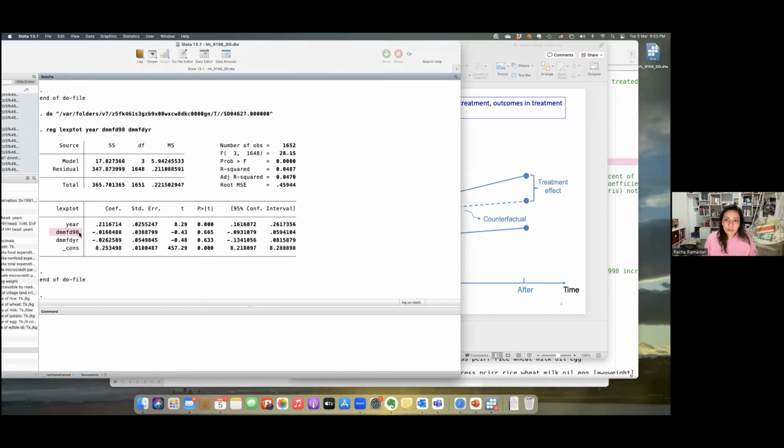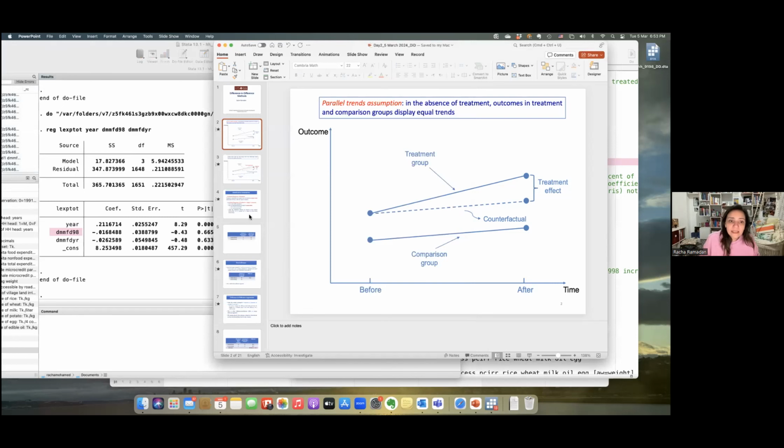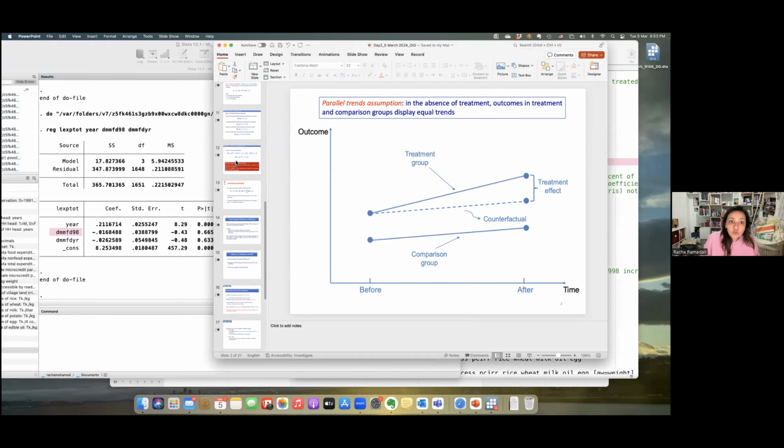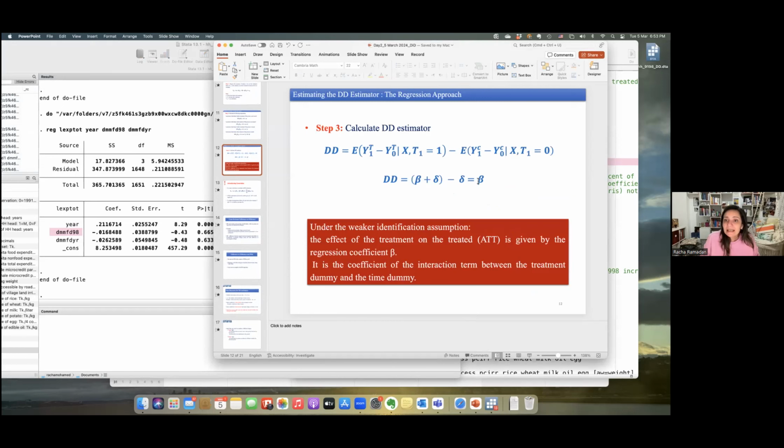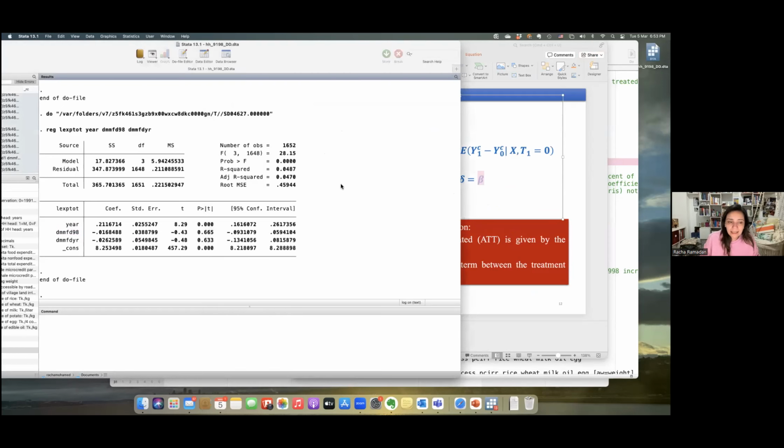However, my variable of interest using the diff method, the variable that will give me the average treatment effect on the treated, is the beta, which corresponds in this analysis to the interaction between the time dummy and the treatment dummy. And this is negative, but not significant, which means that we can conclude using the difference in difference method that having a male beneficiary treated household in the year 98 compared to the year 92 has no significant effect on my total expenditure per capita.